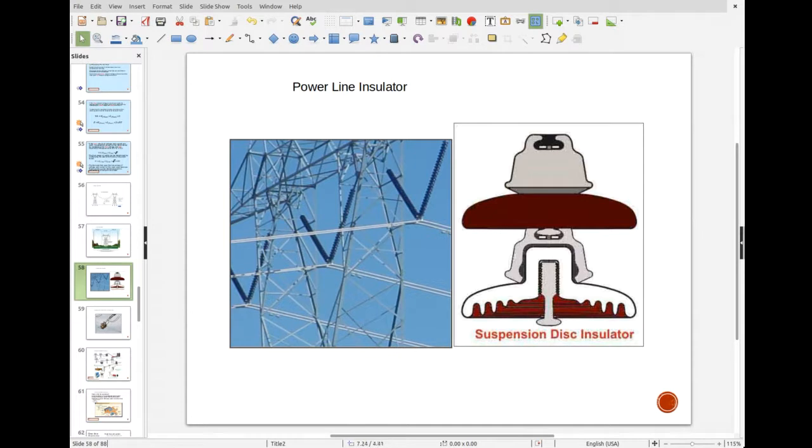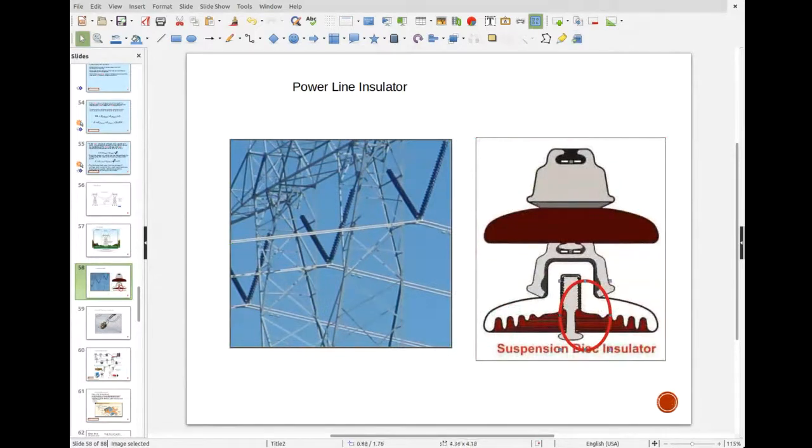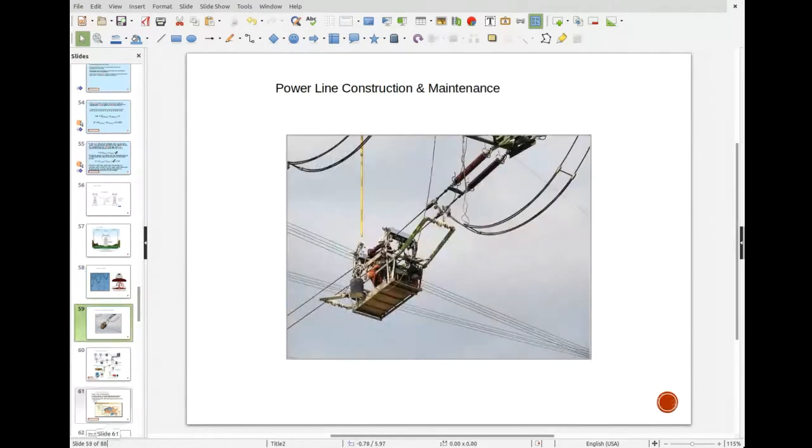You've got to have insulation in between here. You can't have metal connecting to the metal tower, or you would just be shorting it out. Okay, so you've got to have this insulation here, but that's what those look like when they build these things.